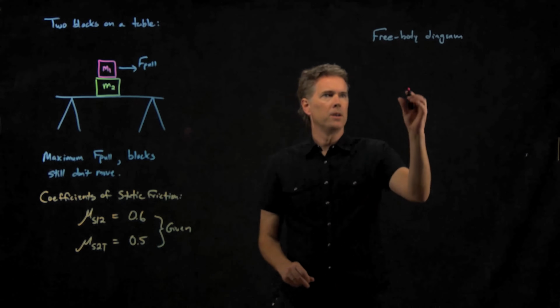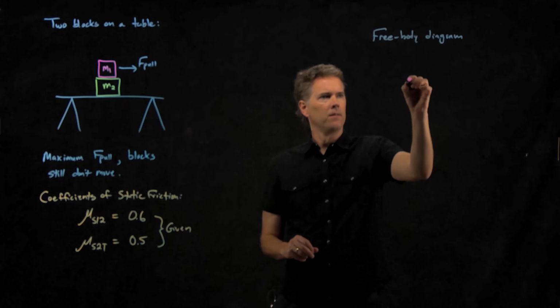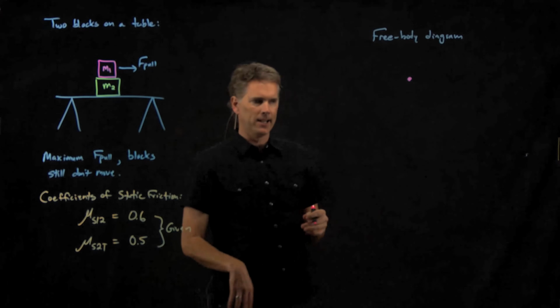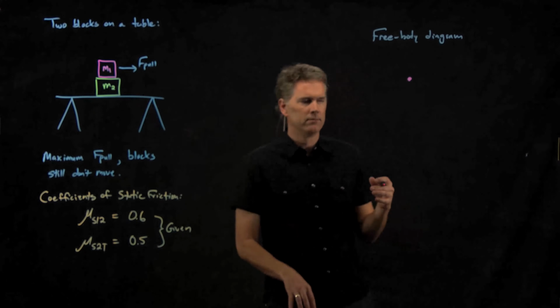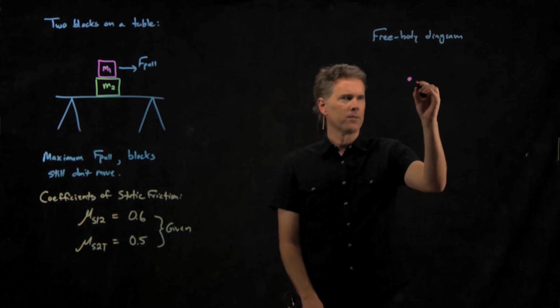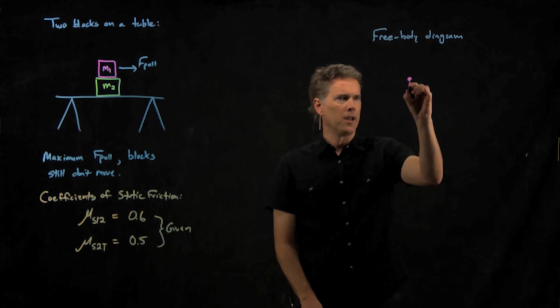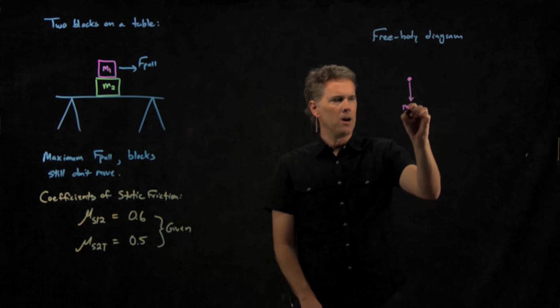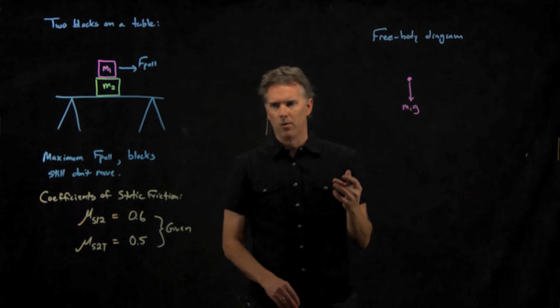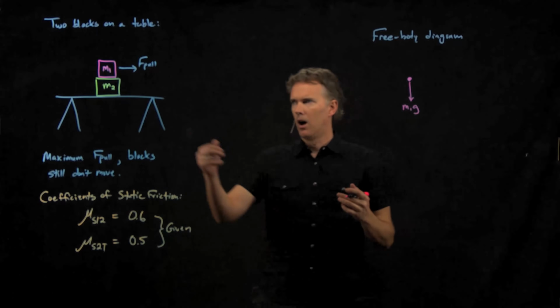So M1 becomes a dot. What are the forces that are acting on M1? Just shout them out. What do you guys think? What's the first one we always draw? Yeah, gravity. M1g, gravity going down on box M1.